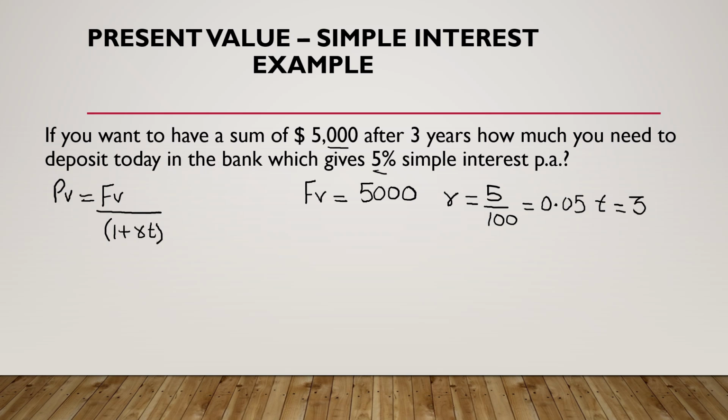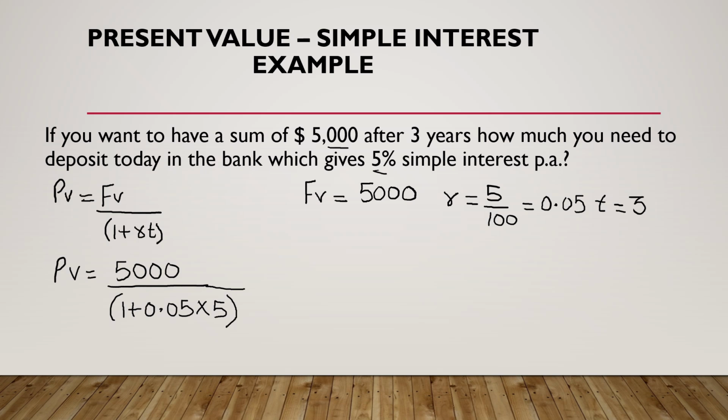Now with these things, we will just substitute in the formula. So my present value is equal to future value, which is 5,000, divided by, just go step by step as per the formula, 1 plus my R, which is 0.05, that is 5% interest, multiplied by T. T is the time, that is 3.